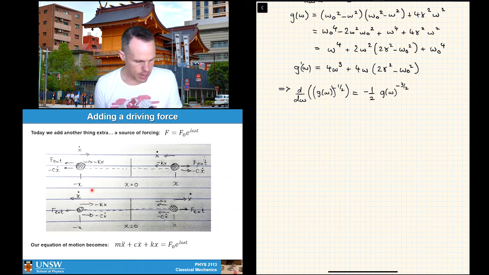And then we're going to have a term of g dash omega on the end here, and this of course will be equal to 0.